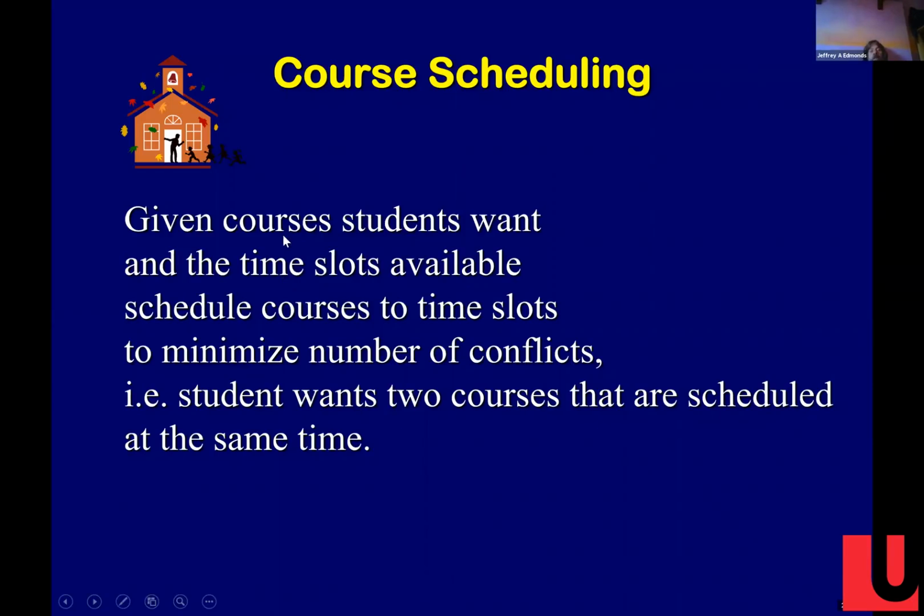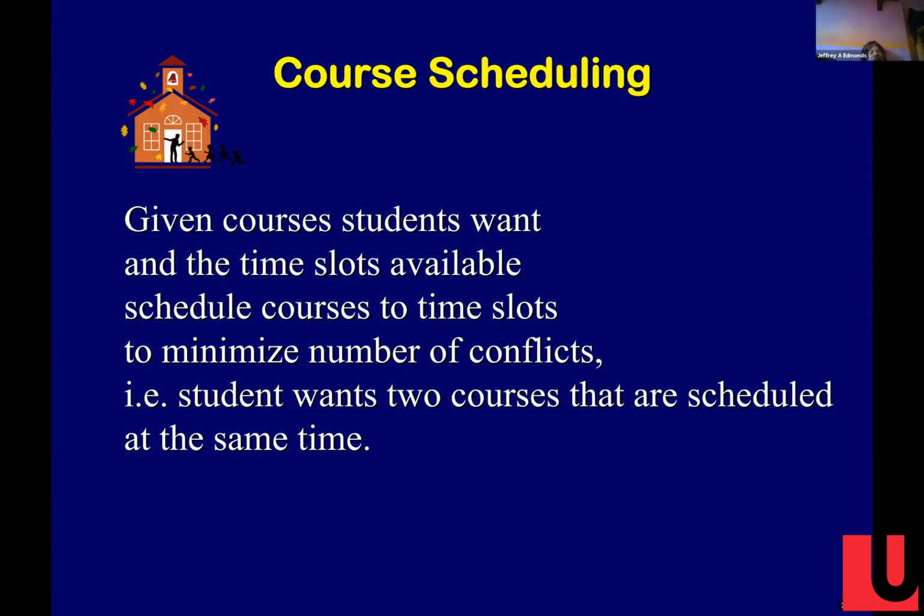So you work for York University, and you have a set of courses. You know for each student what courses they want. You have what time slots are available. You know what professors are teaching what courses. And what is a conflict? A conflict is if a professor or a student wants to take two different courses and they're taught at the same time, then that's a problem.